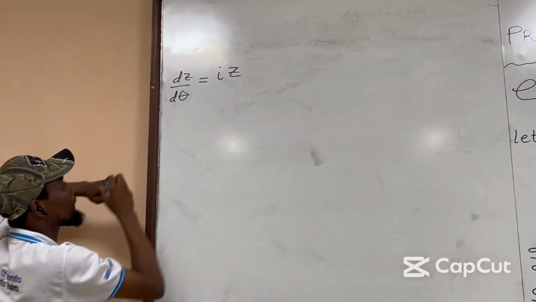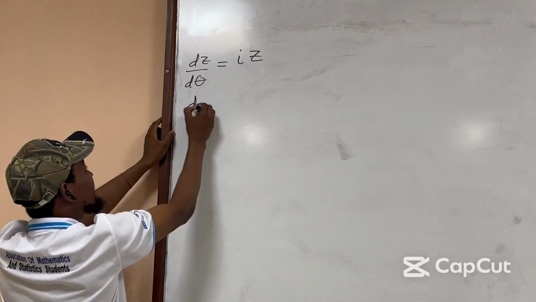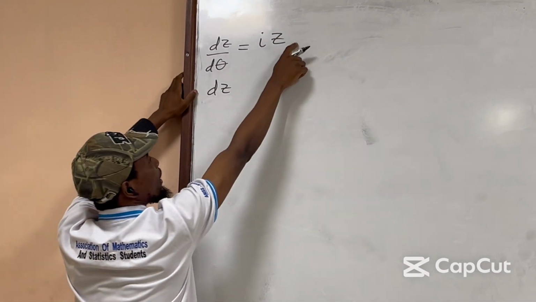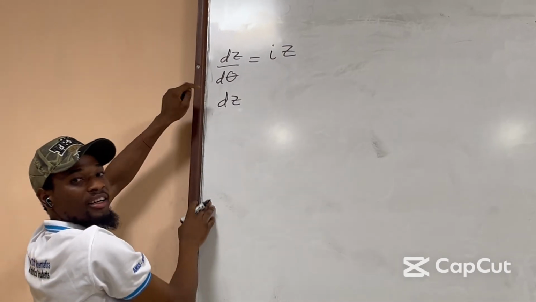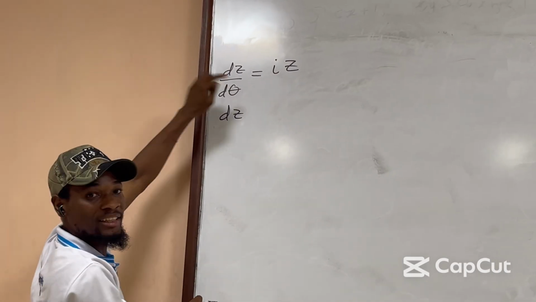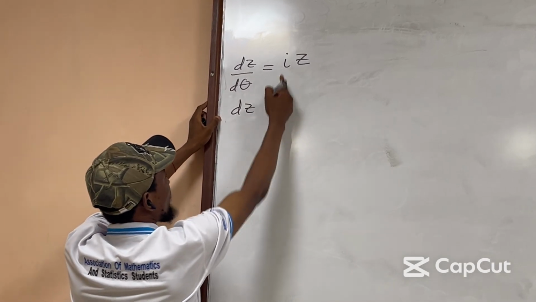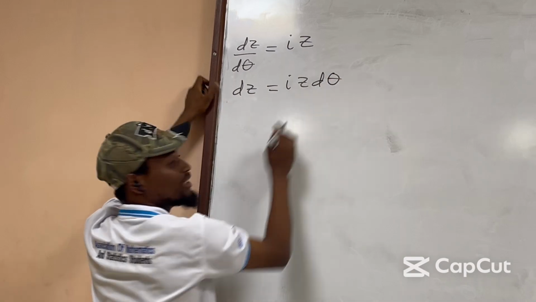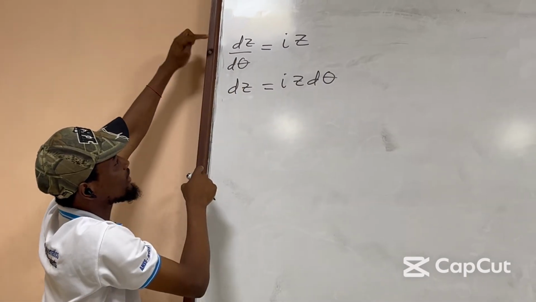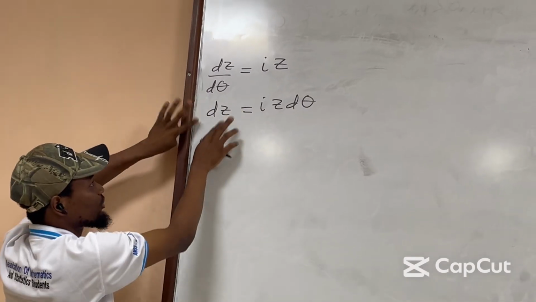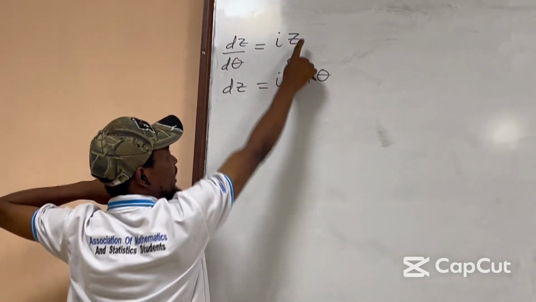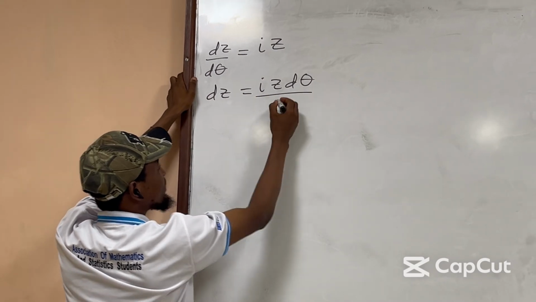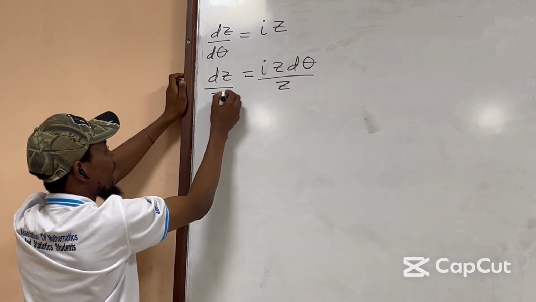Now I can multiply here by dθ, which is equal to i z dθ. When I multiply here by dθ, it cancels dθ, so this remains this way, then dθ comes here. I'll divide both sides by z.